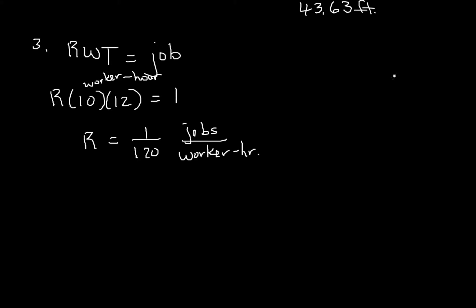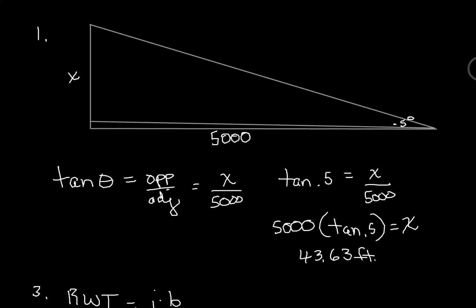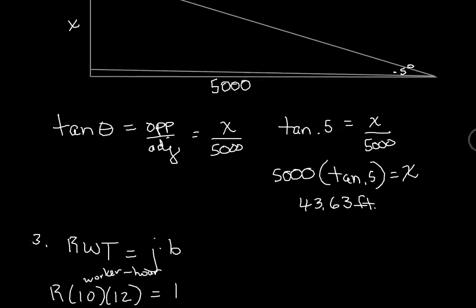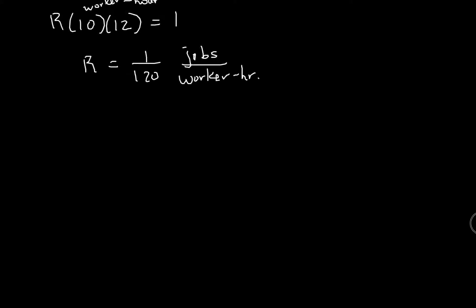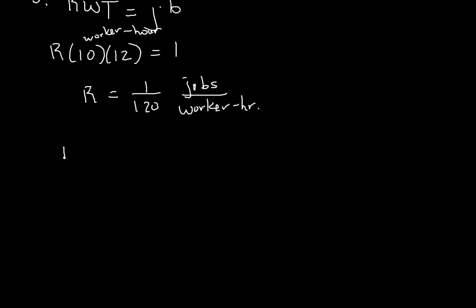Okay, all right. So now we have some of the workers are going to work, and then we're going to lose half our workers, and they still have to complete one job. So we have rate 1, worker 1, time 1, plus rate 2, worker 2, time 2. The rate is going to be the same, 1 over 120. That's how much each worker works.